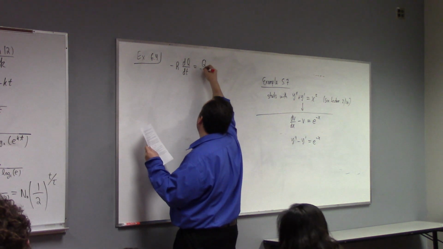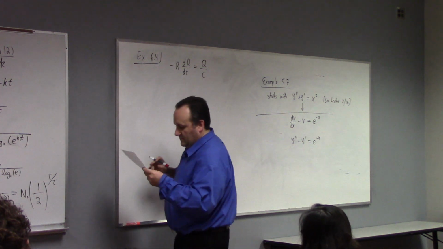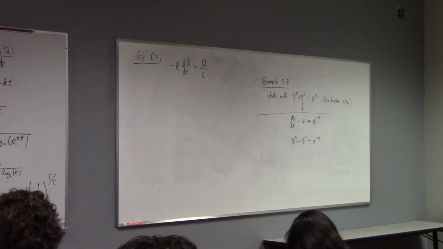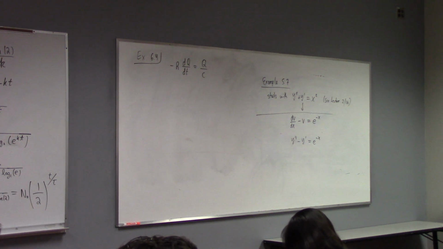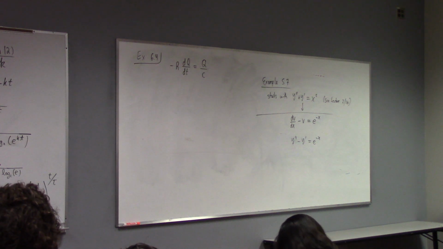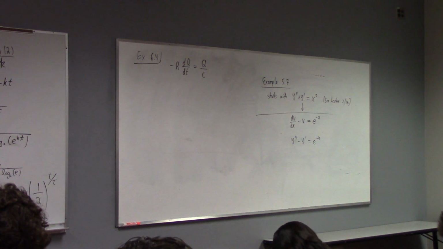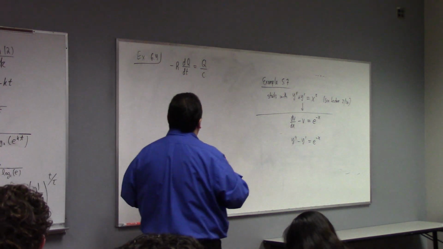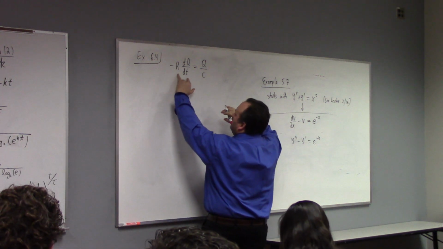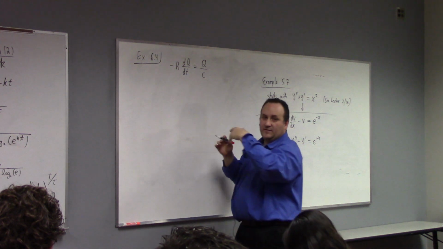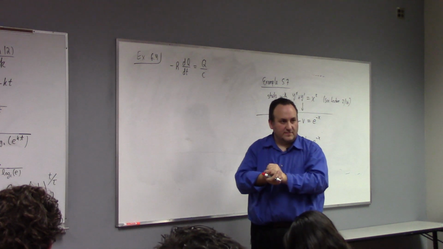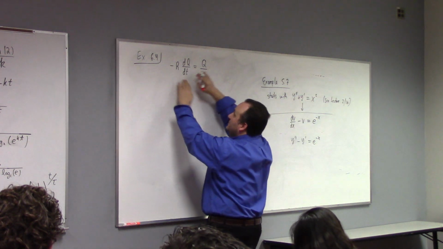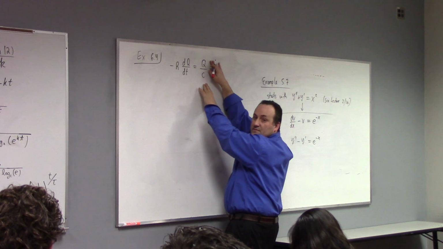All right, if you're wondering where that's coming from, this dq dt would be the current, right? You guys know that I times R is the voltage, right? So this is the voltage from current flowing. This is the voltage from the capacitor being charged, right?